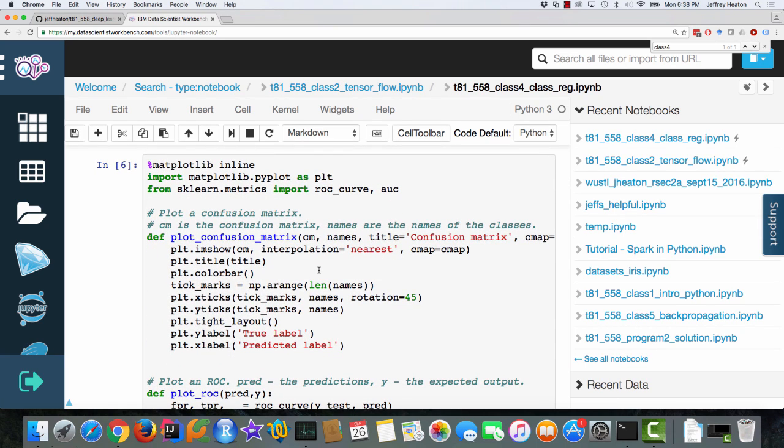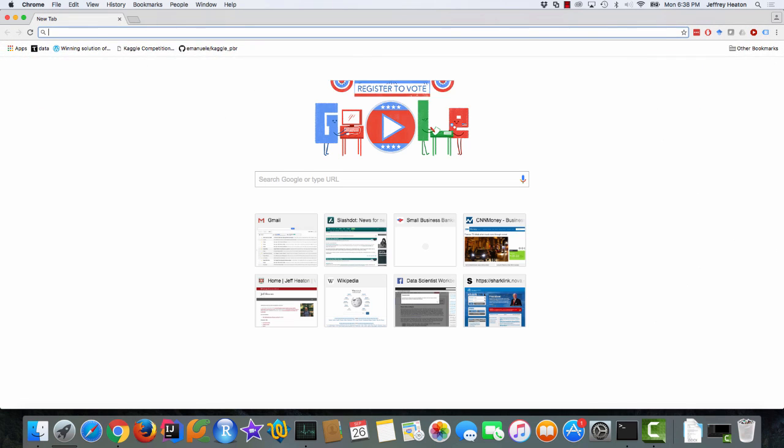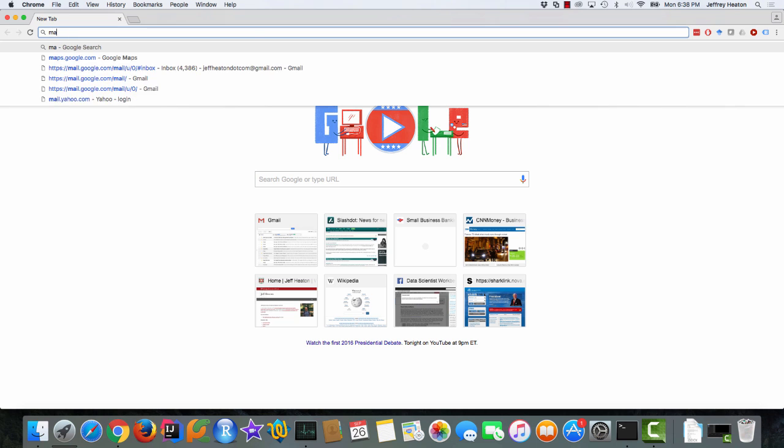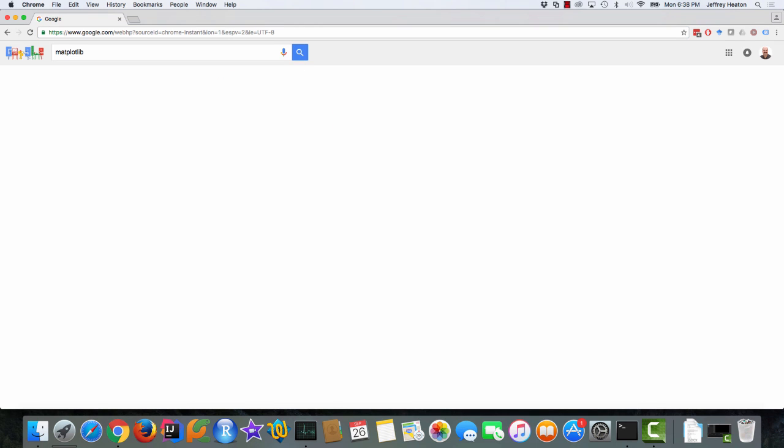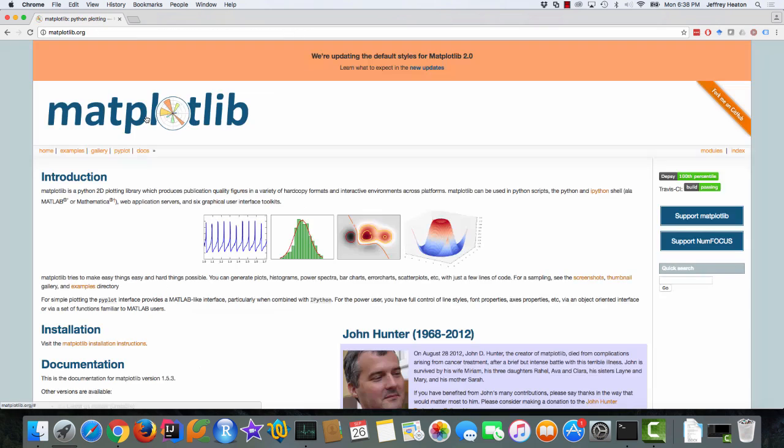So these are the functions that actually produce these. I am really not trying to teach you how to use Matplotlib in this class. Matplotlib is awesome, and I am far from an expert in it. They have extremely good documentation, even by open source standards. They have almost a gallery of examples of what these visualizations look like, and then the Python code right next to it to show you how to do it.